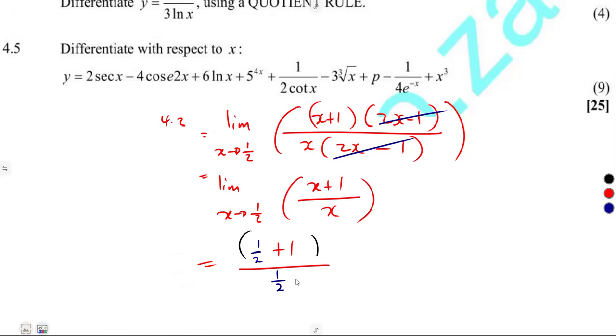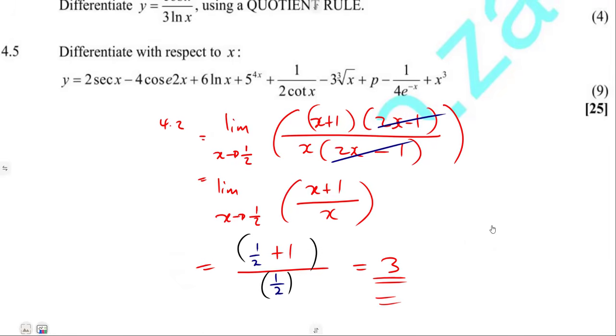You can simply use your calculator to simplify this. The numerator was going to give us 3 over 2, the denominator is 1 over 2, so dividing this gives us a 3 at the end. That is basically what you are going to have from this simplification.